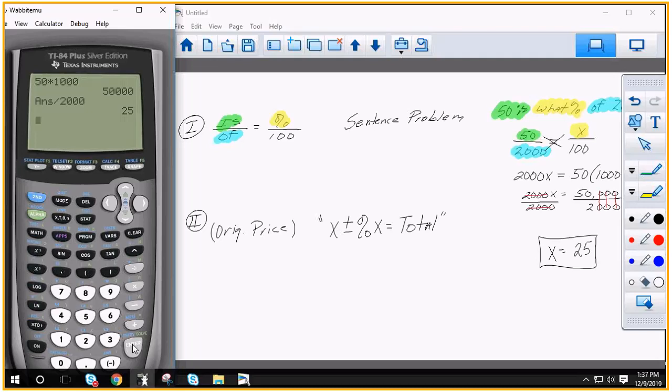Maybe I just need to stop today. 2,000 times 0.25. It's supposed to be 2.5%. And I don't know where I went wrong.